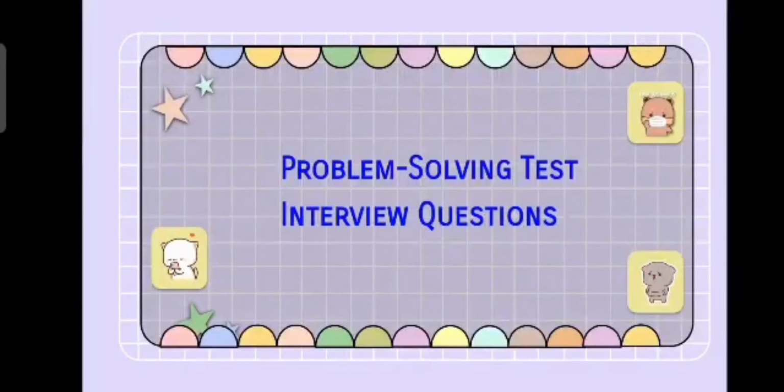We also have here problem solving test interview questions. When we say problem solving test, it's not only about exams or tests, but also in an interview. So why are problem solving interview questions important?